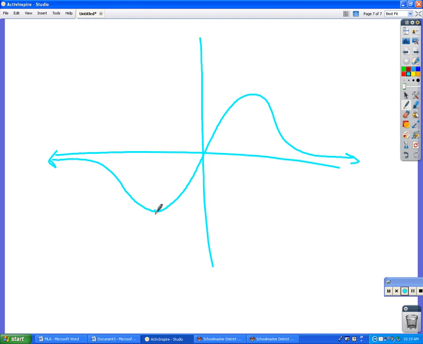So this was our minimum, negative square root of 1/2, comma, negative root 1/2 e to the negative 1/2. This is our maximum, square root of 1/2, comma, root 1/2 e to the negative 1/2 there.